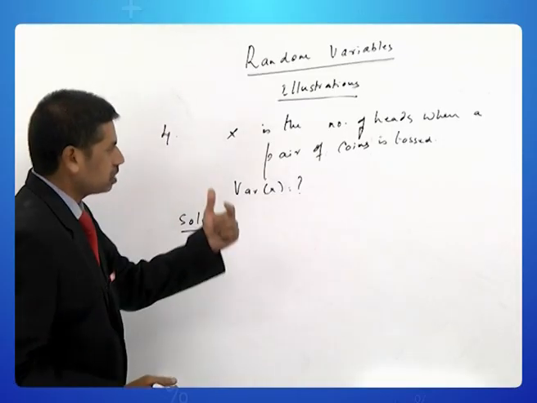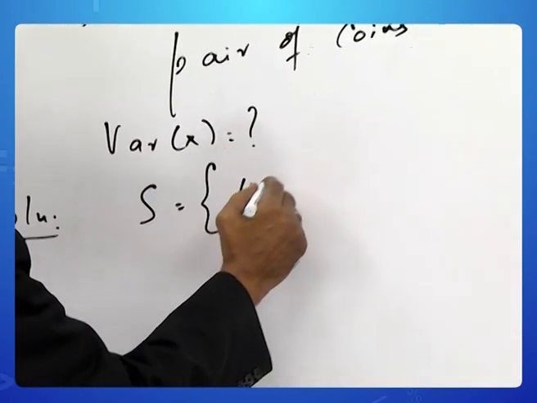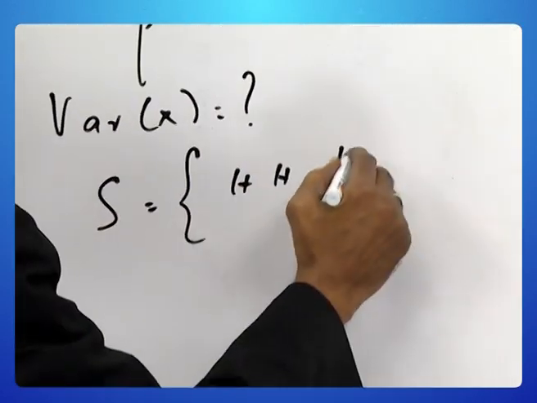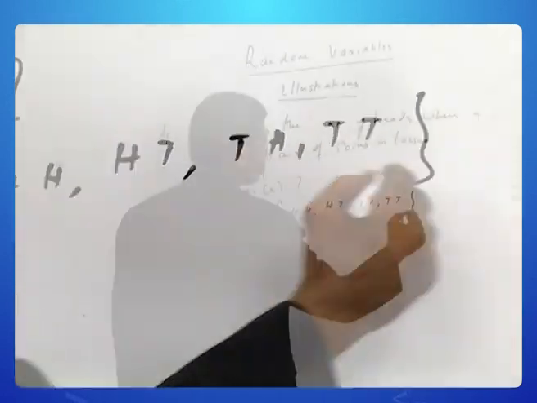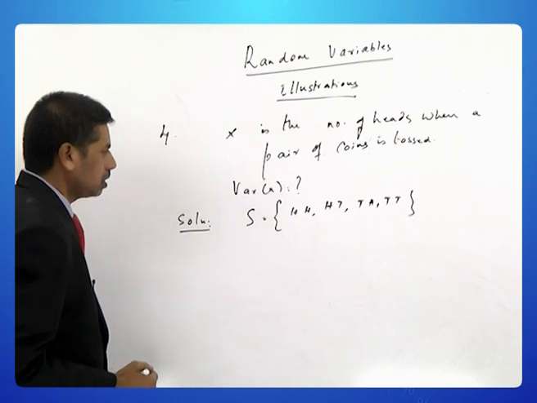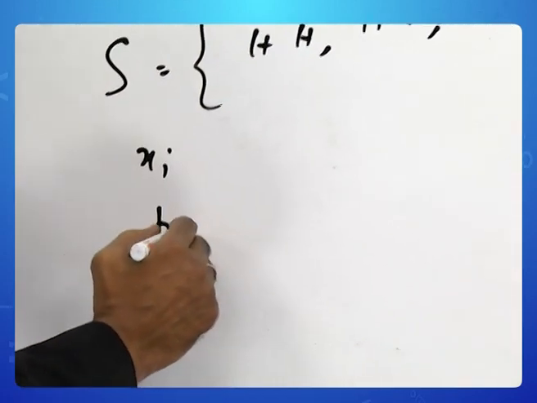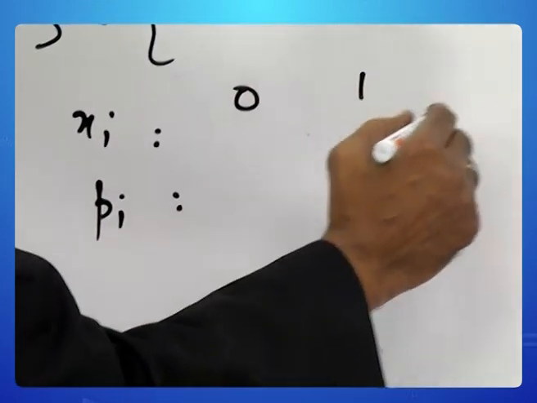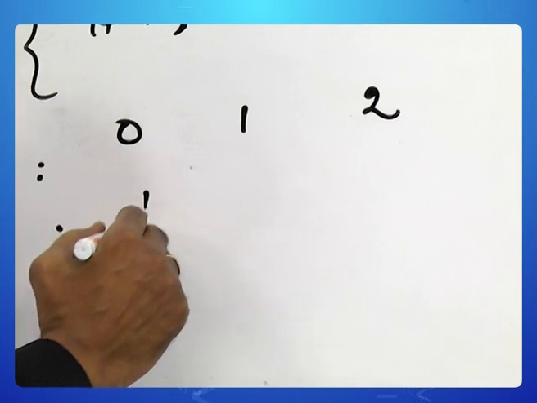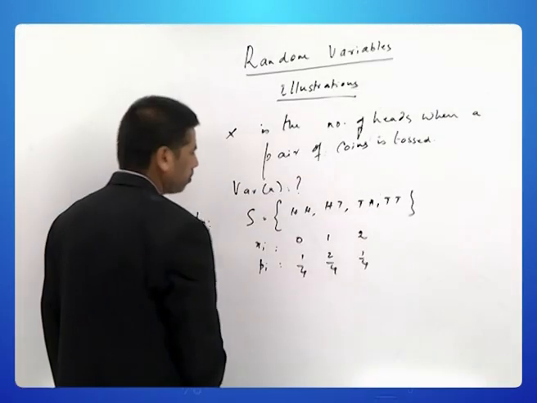Now, when a pair of coins is tossed, we have already seen the sample space consists of 4 outcomes. So the probability distribution is already known to us: 0 heads, 1 head, 2 heads with probabilities 1 by 4, 2 by 4, 1 by 4.